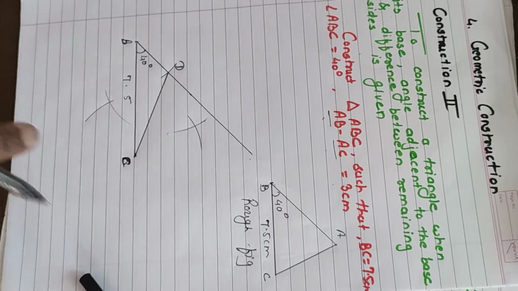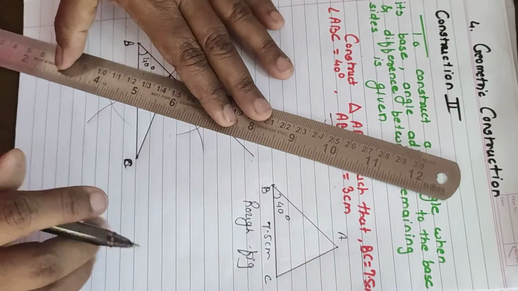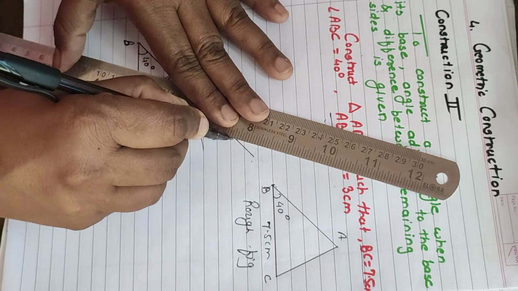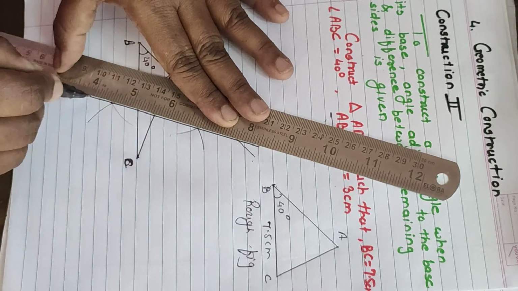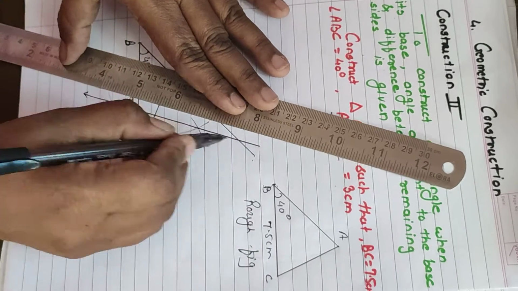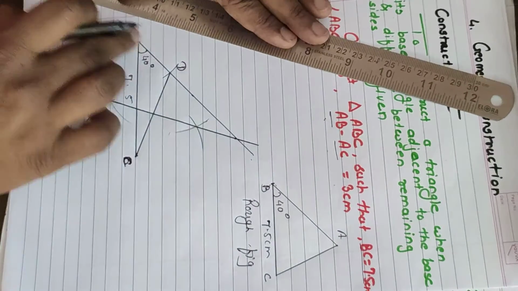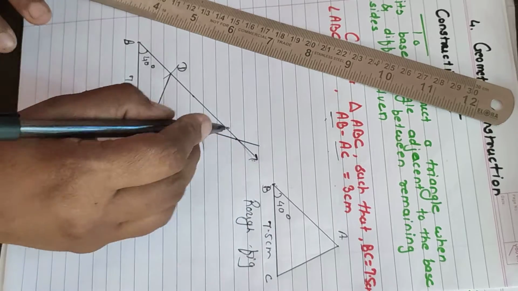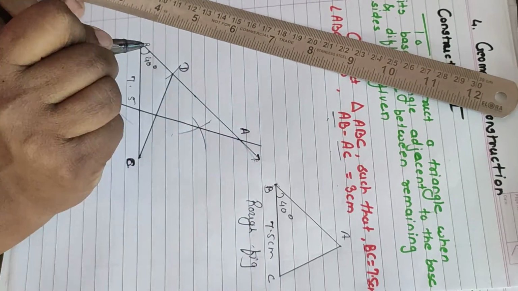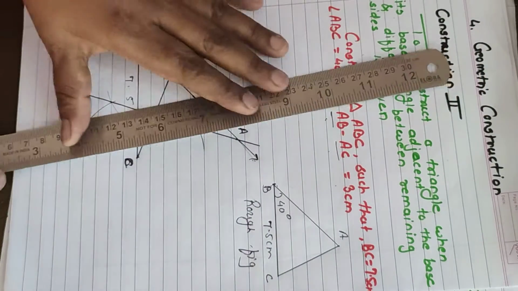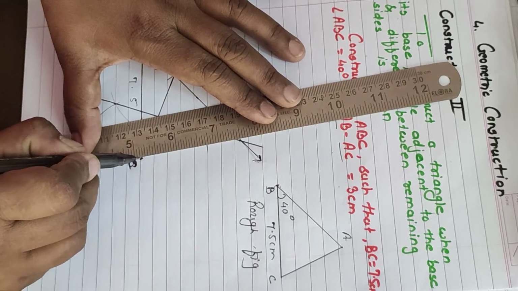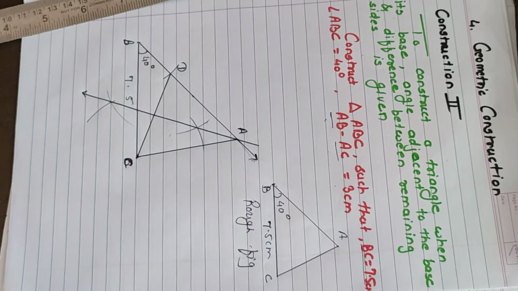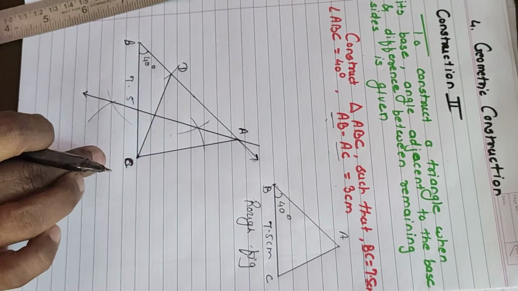Now we join these points and extend this line till it meets the ray BD. This is my point A. Now I will join AC. This is my triangle ABC.